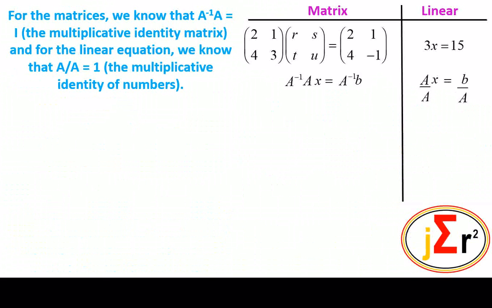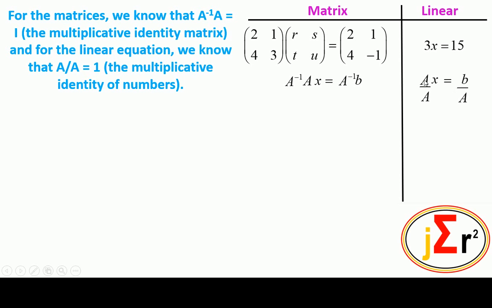For the matrices, we know that A inverse times A will give us the multiplicative identity, which is called I. And for the linear side, we know that a divided by a is equal to 1.